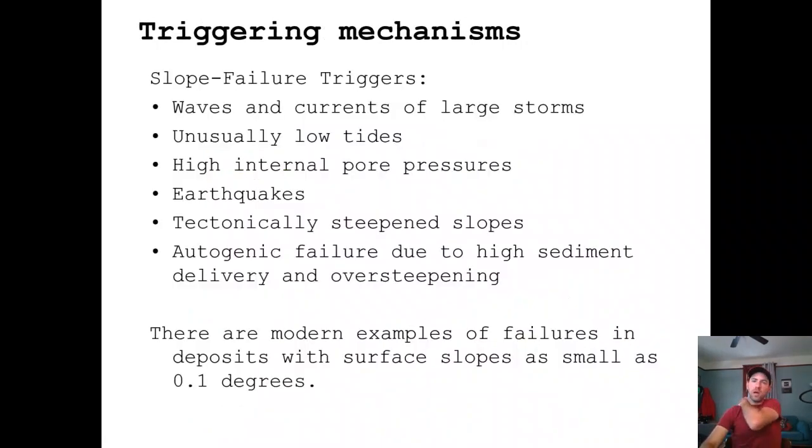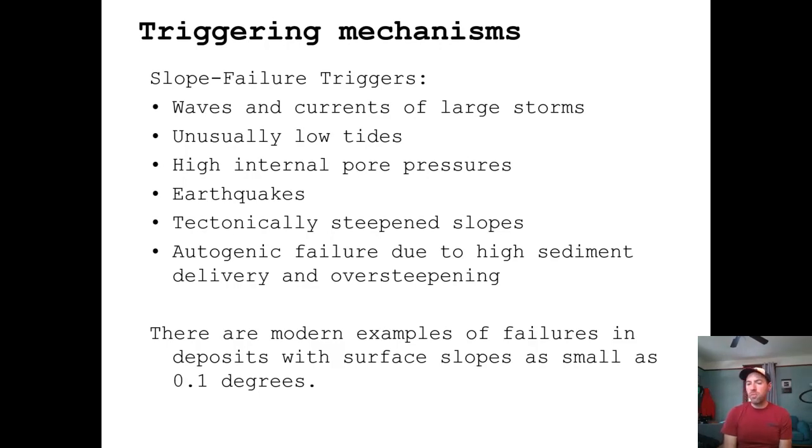And so we'll talk about the triggering mechanisms of slope failure in particular for generating these debris flows and turbidity currents. And there's a lot of back and forth and a lot of really interesting literature about the triggers that may be associated with developing these slides and debris flows in such a way that they can start to generate turbidity currents.